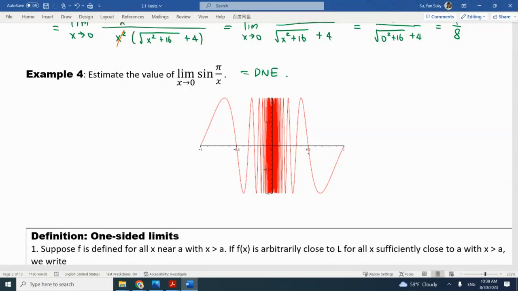It's not approaching a number, but it's approaching minus infinity on both sides. And the third one is where it really does not exist. You cannot describe it, like this case, which is oscillating between two numbers. Another situation is when your left side limit and your right side limit do not match. In this case, the limit also does not exist.